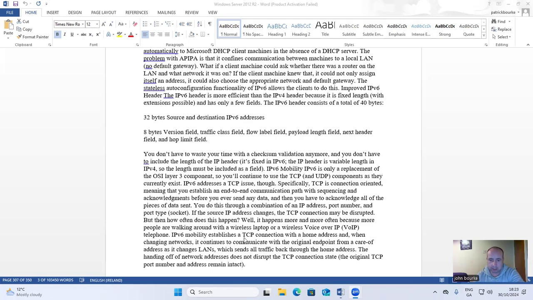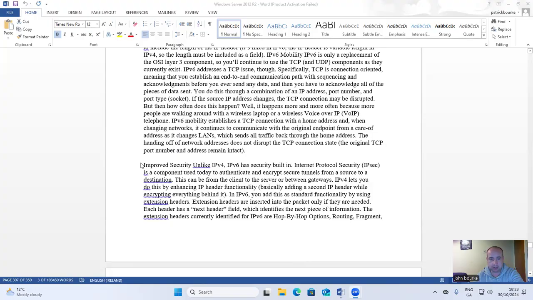IPv6 mobility establishes a TCP connection with a home address, and when changing networks, it continues to communicate with the original endpoint from a care-of address as it changes LAN, which sends all traffic back through the home address. The handing off of network addresses does not disrupt the TCP connection state. The original TCP port number and address remain intact.